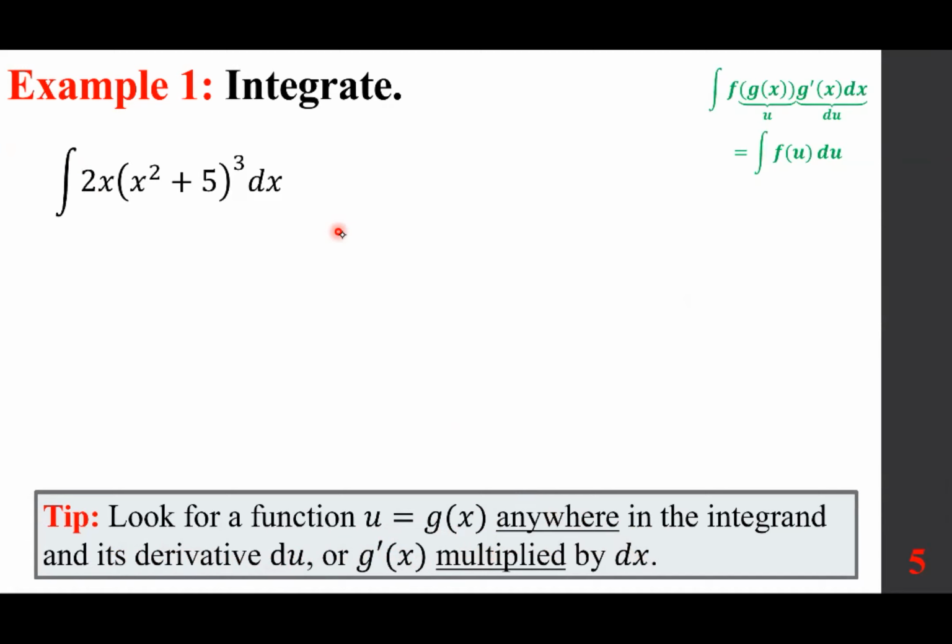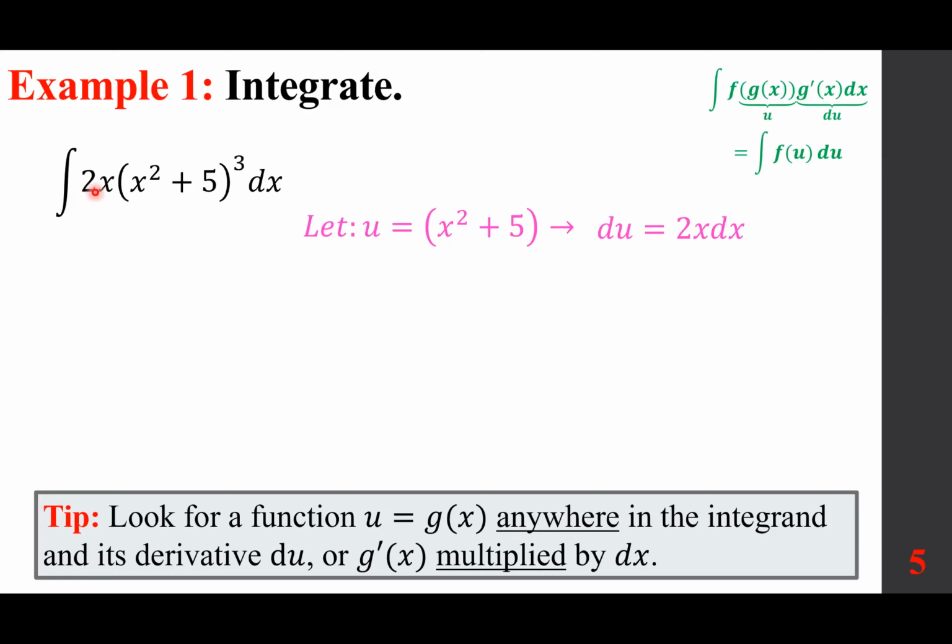Generally speaking, when we have polynomials, this is a polynomial of degree 1, it's a polynomial of degree 2 being raised to the power of 3, in essence a polynomial of degree 6. The more complicated polynomial normally is the choice of u. So if we choose x squared plus 5 to be u, then du dx is 2x and du is 2x dx.